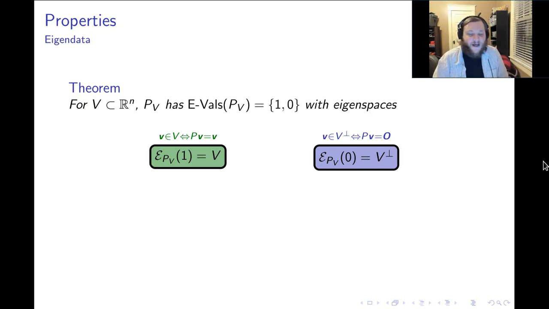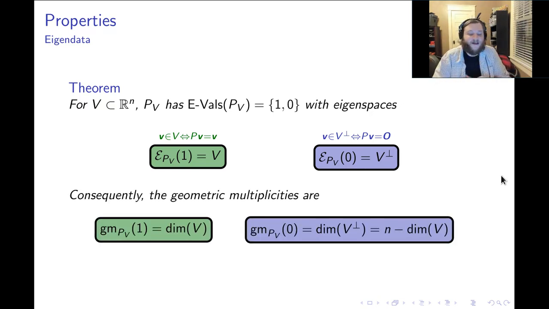All of this comes together in a statement about the eigenvalues of any projection matrix. It turns out that the eigenvalues of any projection matrix are equal to 1 and 0, and the justifications are exactly the equations that we just stated. The eigenspace of a projection matrix with the eigenvalue 1 is equal to the space that we're projecting on. And on the other hand, the eigenspace of the projection matrix with the eigenvalue 0 is equal to the orthogonal complement of the space that we're interested in.